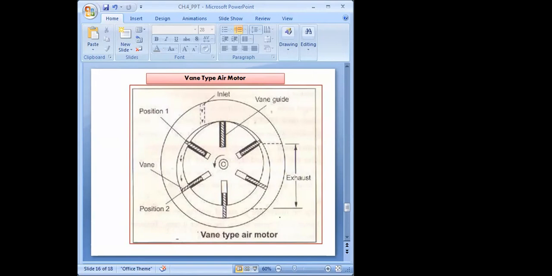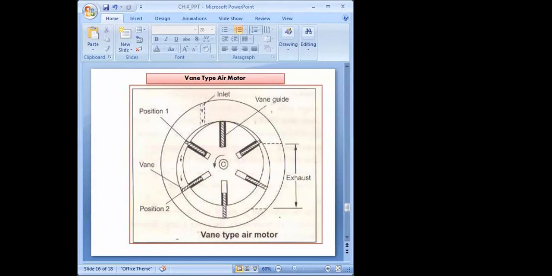The same design of this air motor is capable of providing rotation in either direction, either clockwise or anti-clockwise. Getting it?